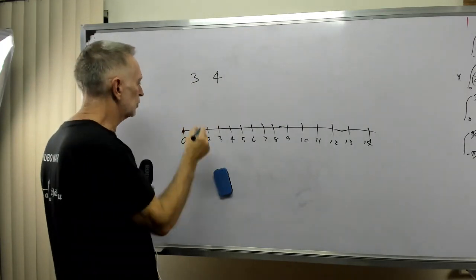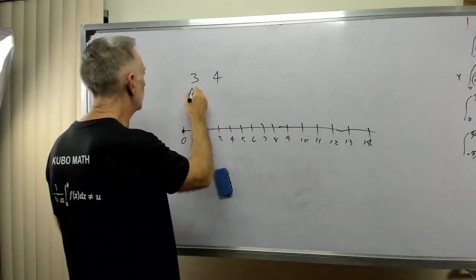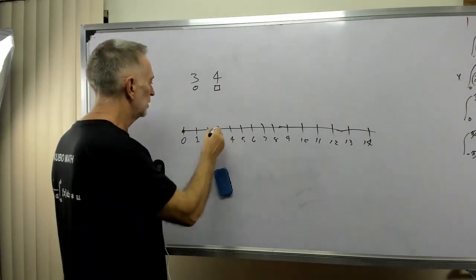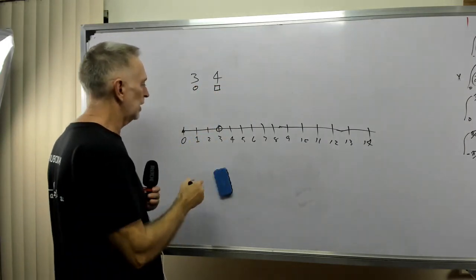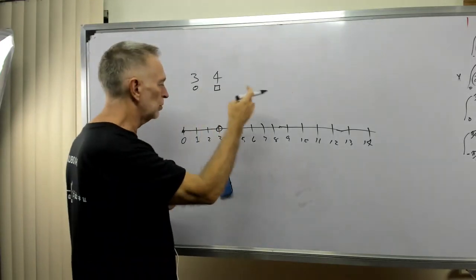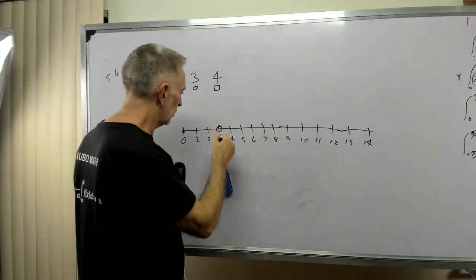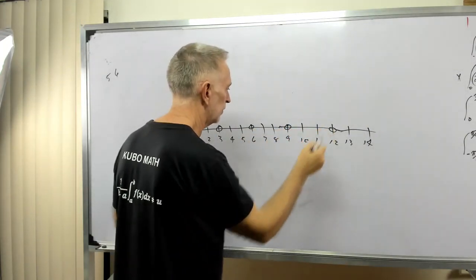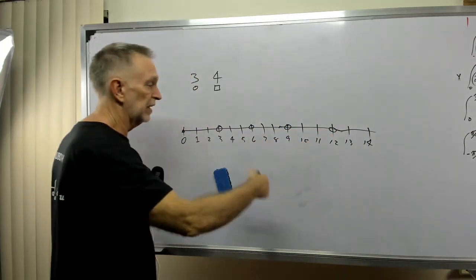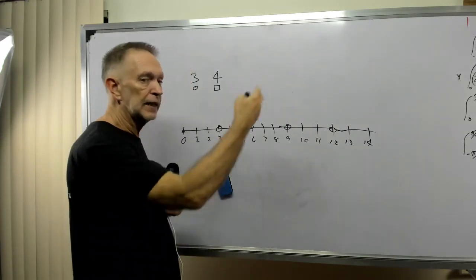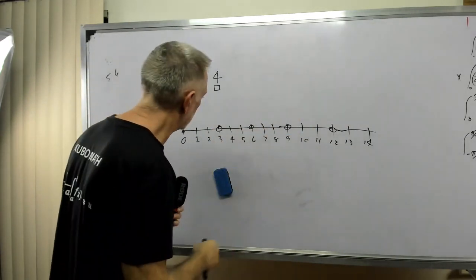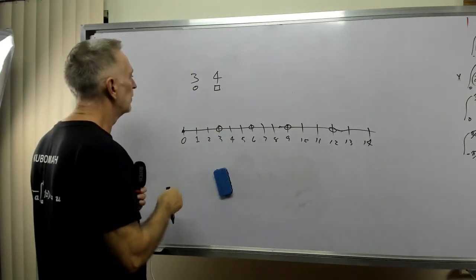Well, this one's 3 seconds later. We'll let this one be a circle and this one be a square. So at 3 seconds, that one rings. So at multiples of 3, 3, 6, 9, 12, 15, 18, 21, 24, 27, 30, that one would ring.